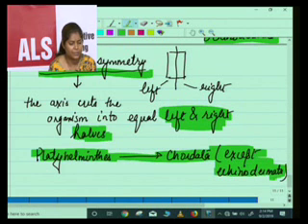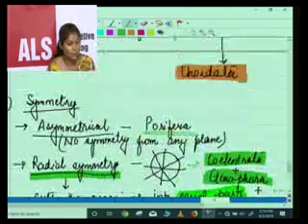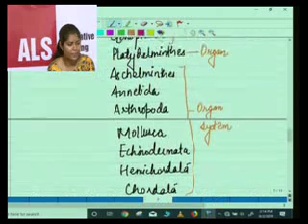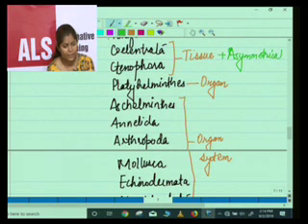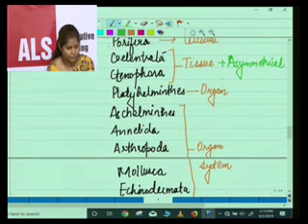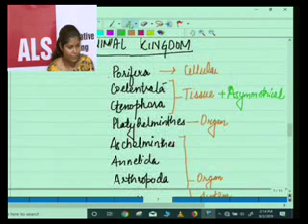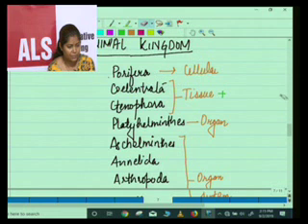Echinodermata is a starfish. So let's see how to write over here for the column. So what do you have? We have this, along with this is asymmetrical. I'm sorry. This is asymmetrical.